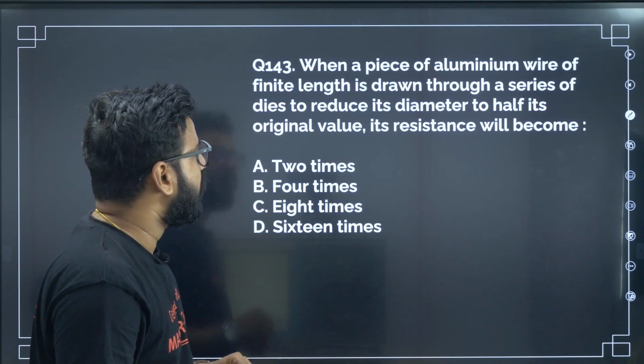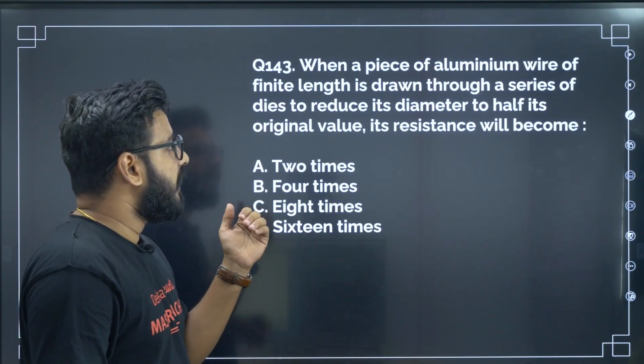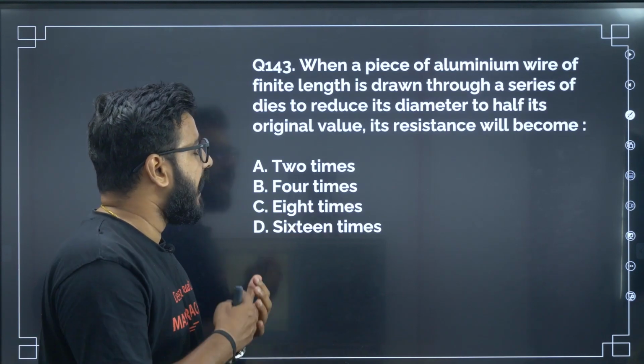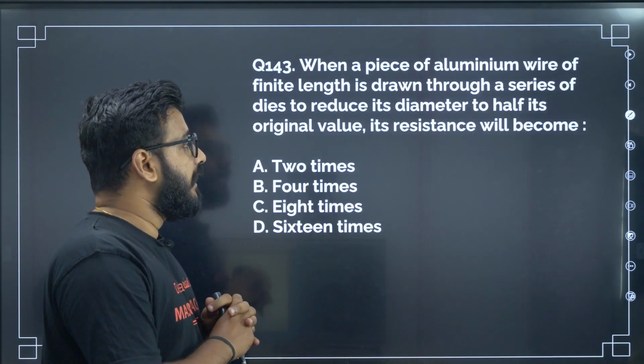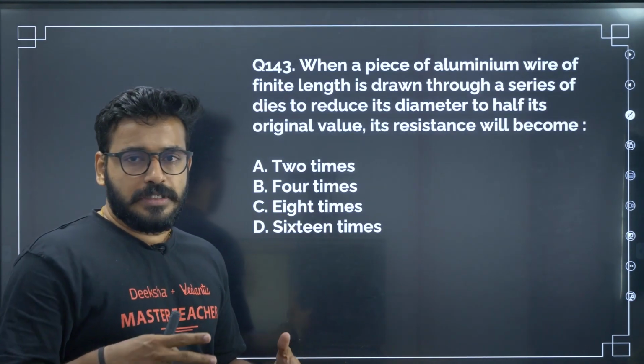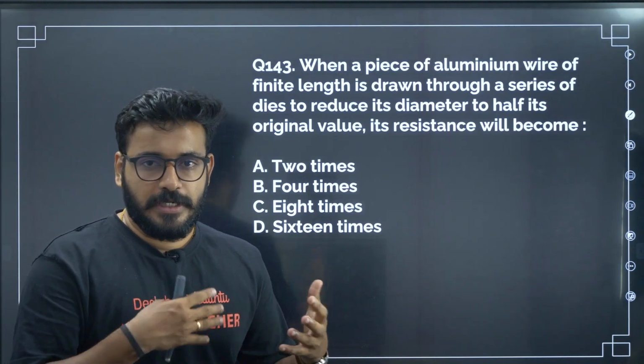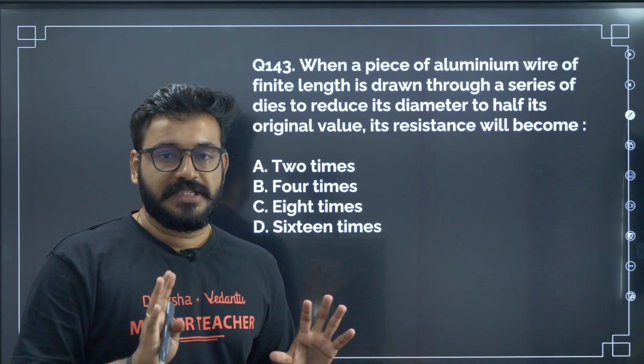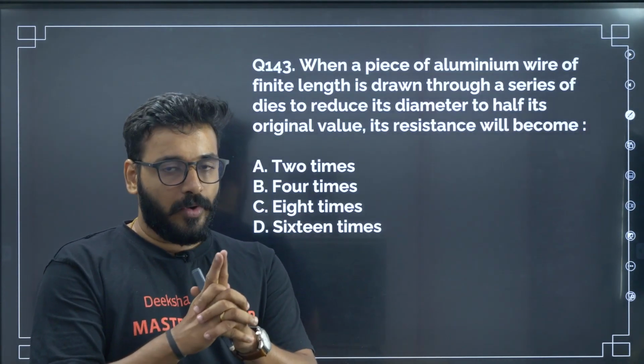When a piece of aluminum wire of finite length is drawn through a series of dies to reduce the diameter to half of its original value, the resistance will become. Now first of all, you are drawing aluminum wire into something of half of its original radius without changing the volume. That is the most important point.